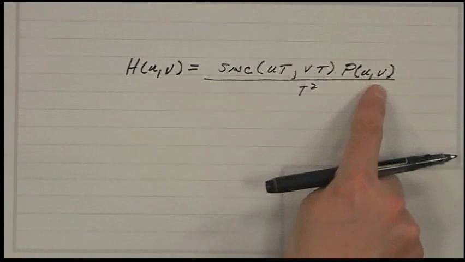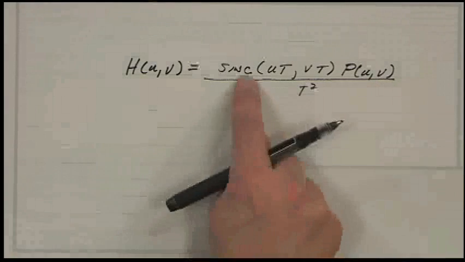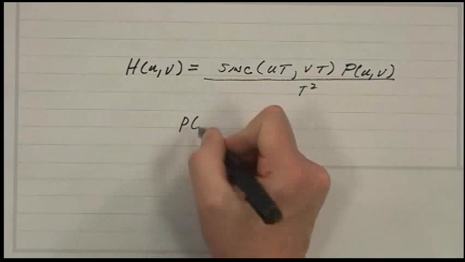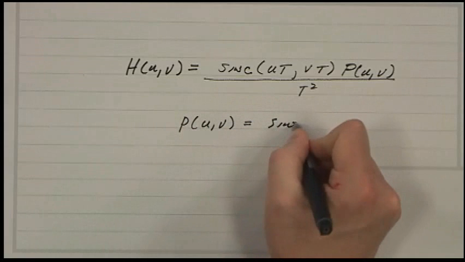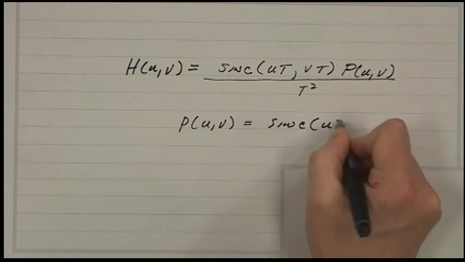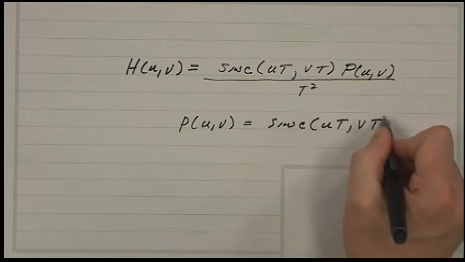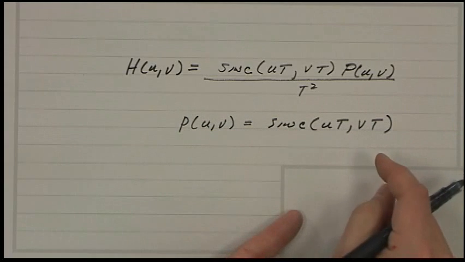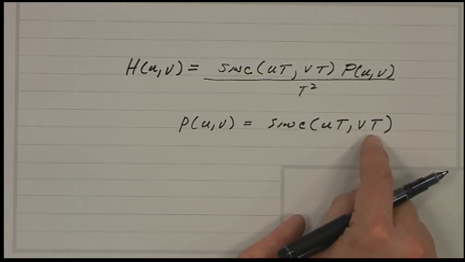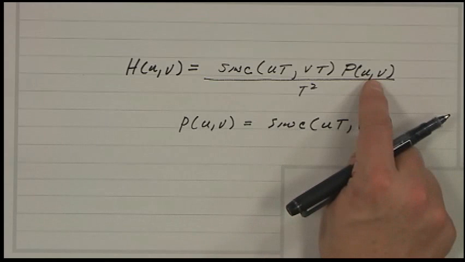And if P of UV is the same thing as Sinc, very often, like at a flat panel display, P of UV will equal Sinc of UT VT. Also, because it's a square pulse with the same size as the pulse that was used for the imaging sensor.